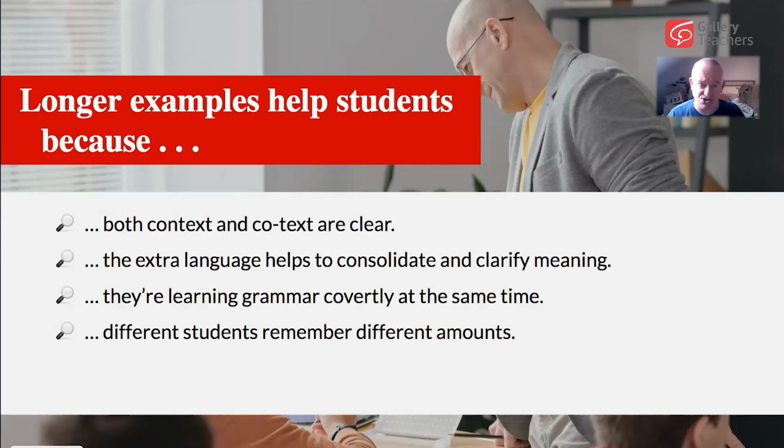And it leaves space for students' own stories and students' examples. I was doing "pass out" once, and I asked the group any other reasons why you might pass out. And one of my students said, "Justin Bieber." It's like, well, what's the connection between Justin Bieber and passing out? And this student told me that when Justin Bieber first came to Korea, she was a teenage belieber, as I now know Justin Bieber fans are called. And she got tickets for his concert, but it was so hot and there was such a crush near the front of the stage that she passed out just before he came on stage.